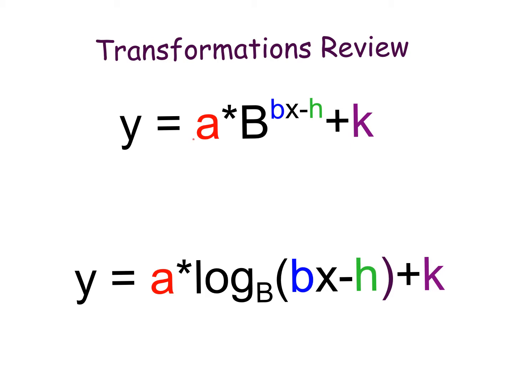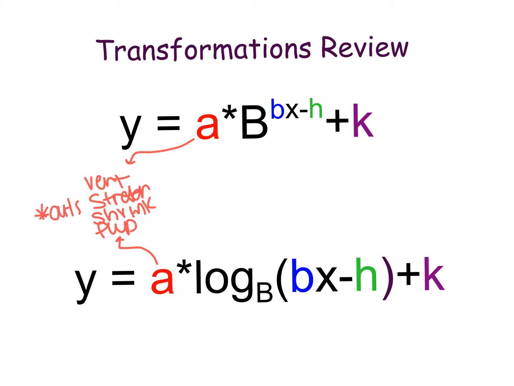Now remember, your A value is going to be your vertical stretch, shrink, and flip. And your A value will be a multiplication to the Y values, or a multiplication on the outside of the function. Then we have our B value, which is our horizontal stretch, shrink, and flip.